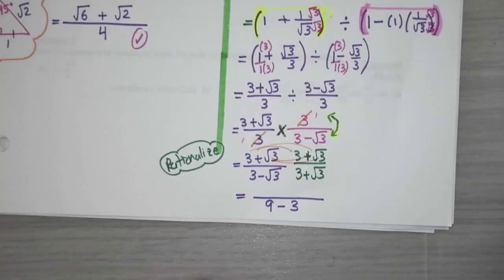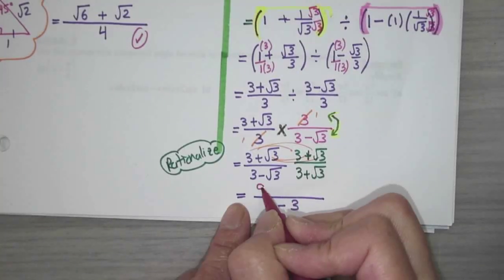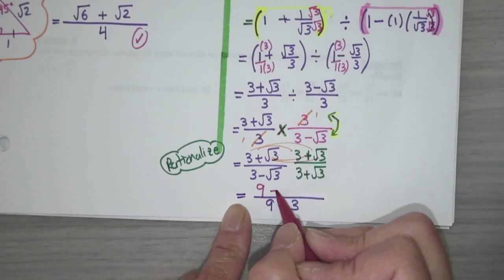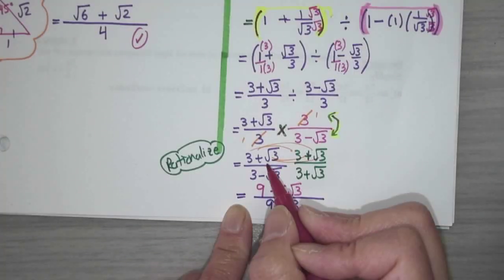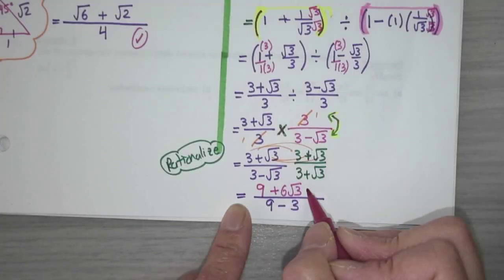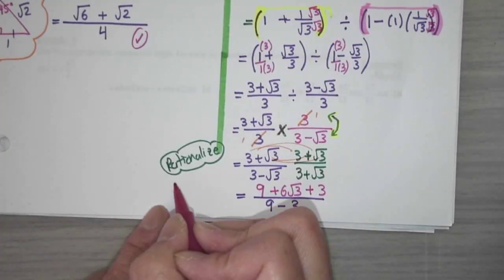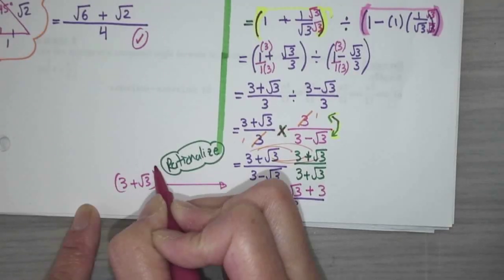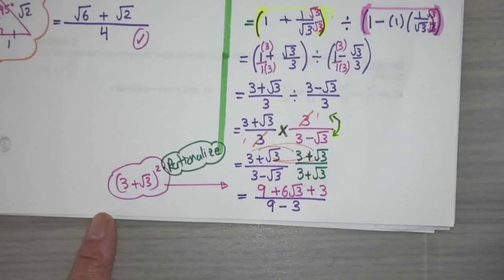So the top here would be, I'm going to write it in green so you can see it, 9, right, plus 3 root 3 and 3 root 3. So hopefully you can go 6 root 3 faster. And then root 3 squared, so that would be 3. Right? It's a binomial squared. So this is 3 plus root 3 squared. Right? So a little faster.